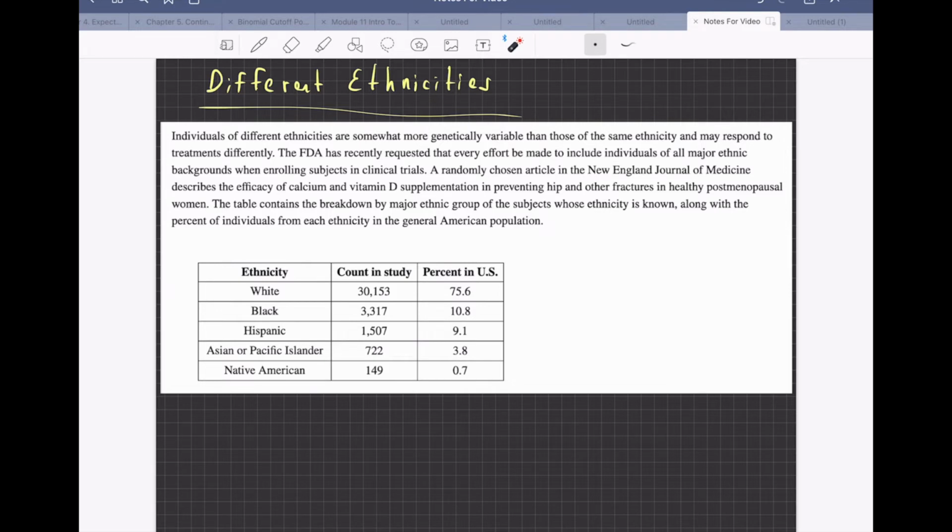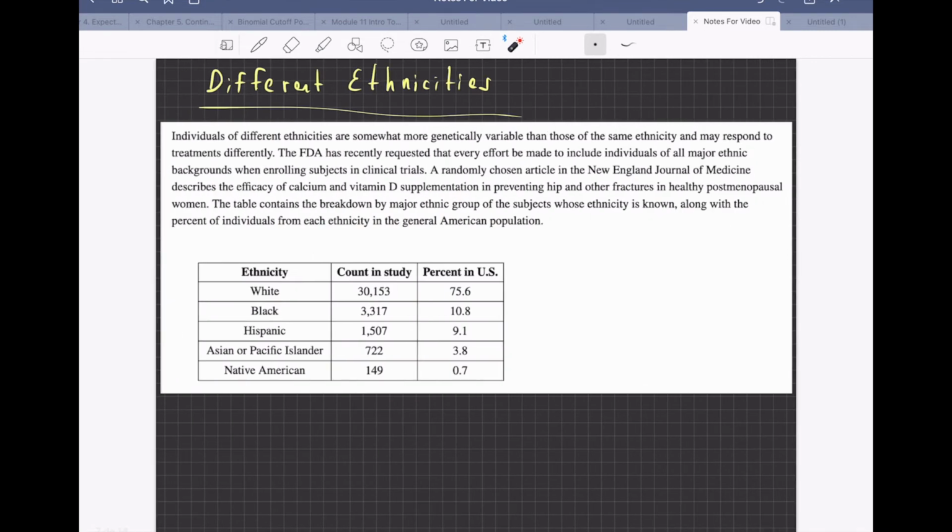A randomly chosen article in the New England Journal of Medicine describes the efficacy of calcium and vitamin D supplementation in preventing hip and other fractures in healthy postmenopausal women. The table contains the breakdown by major ethnic group of the subjects whose ethnicity is known, along with the percent of individuals from each ethnicity in the general American population.